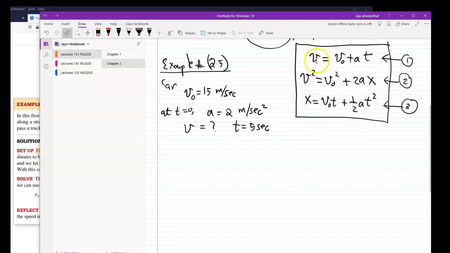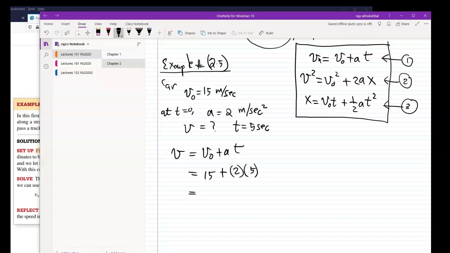The best one actually is the first one. As you can see, time is given to us, the acceleration is given, the initial velocity is given. All I need to do is plug all those numbers in here, and then get the final velocity. So equation number one is the most useful for us. So you go V equals V naught plus AT. All I need to do is just plug it in. So I have 15 plus A, which is 2, times T, which is 5.